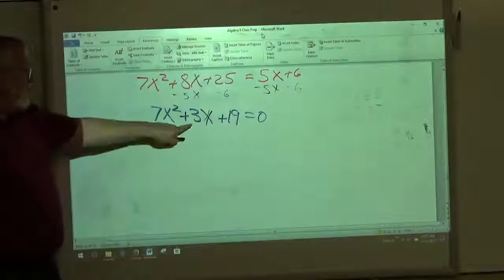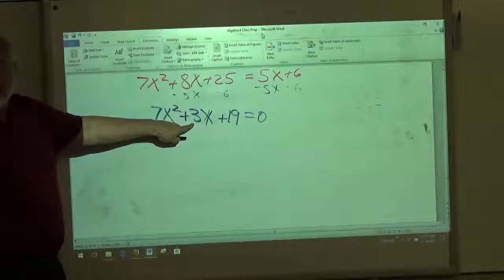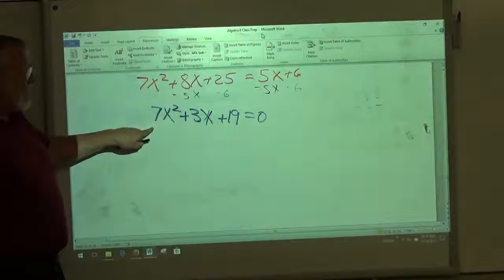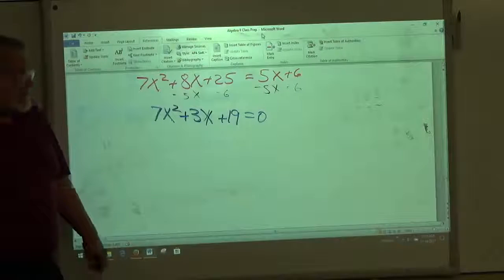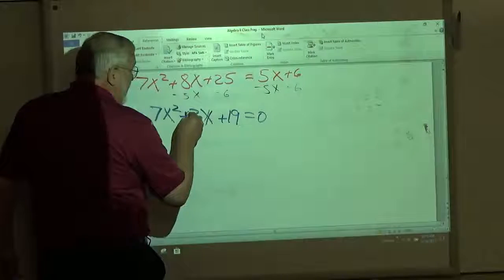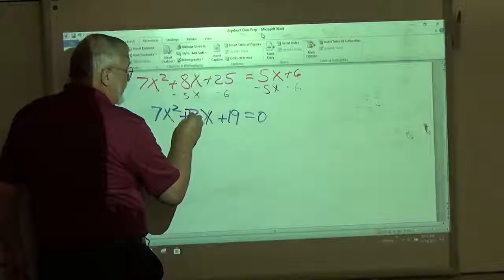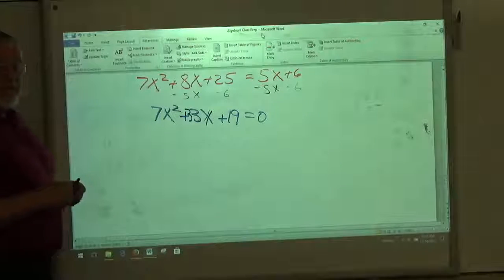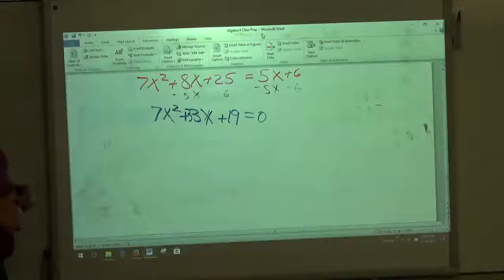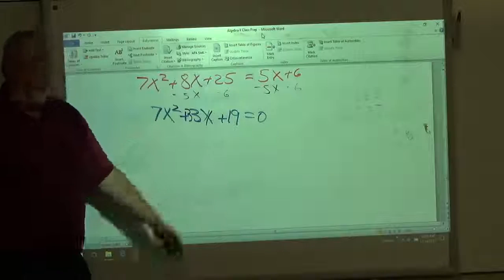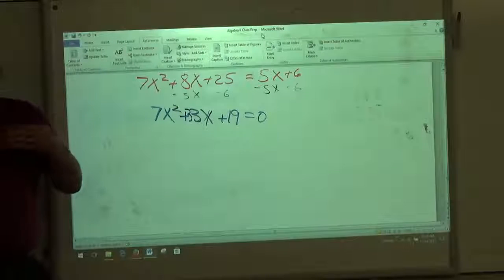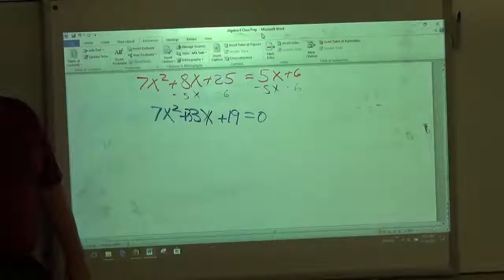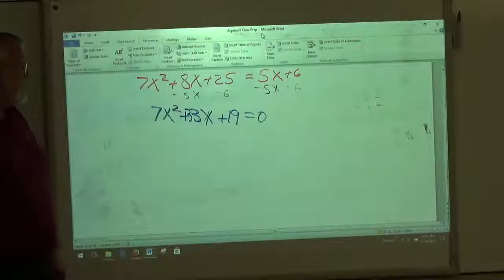If not, this number here has got to be sufficiently large to handle these two numbers times 4. Like had this been, say, a 33, then you would have had 33 squared minus 4 times 7 times 19, and when you subtracted that, you would still have a positive value. But in this case, it's not.